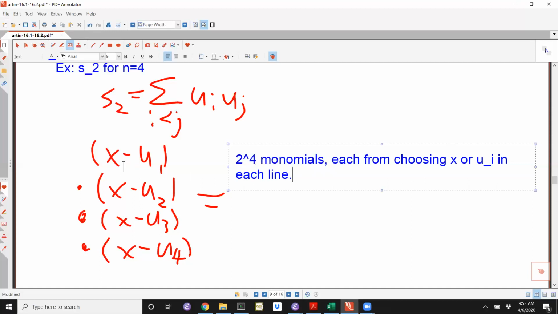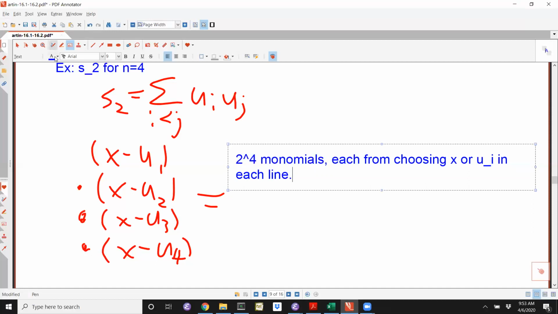So again, when you multiply these 4 linear terms together, you get a total of 16 monomial terms, and any one of those particular monomial terms comes from picking, say, x and u2 and x and u4. Let me illustrate that.